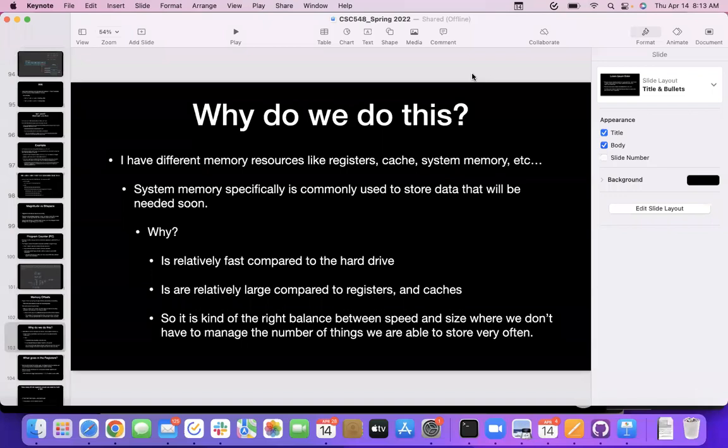And system memory is going to be a much faster source than your hard drive is going to be. Okay, so what's the punchline? The punchline is we need to get stuff from our hard drive into system memory. That has to happen.